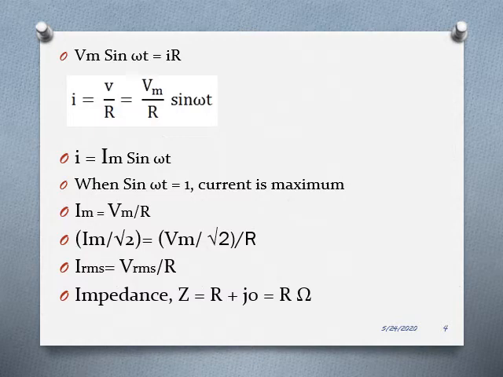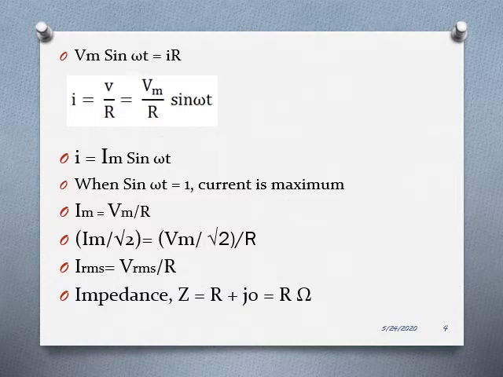Now in order to convert these maximum values into RMS values, the equation of RMS is equal to the maximum value divided by root 2, that we have already learned in the previous lectures. So IRMS you may obtain by dividing Im by square root 2, and VRMS you can obtain by dividing Vm by square root 2.